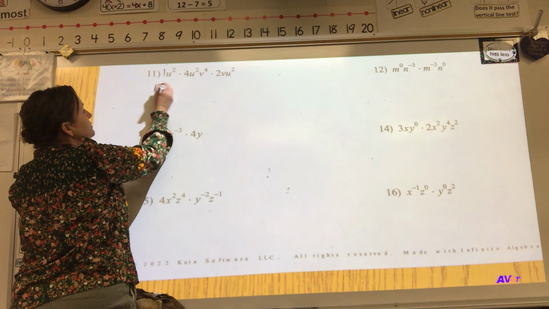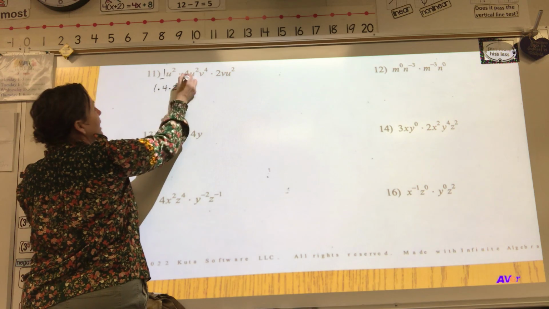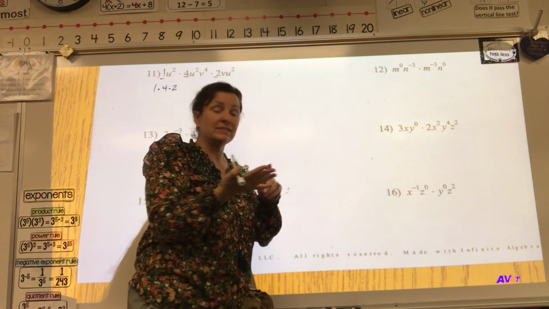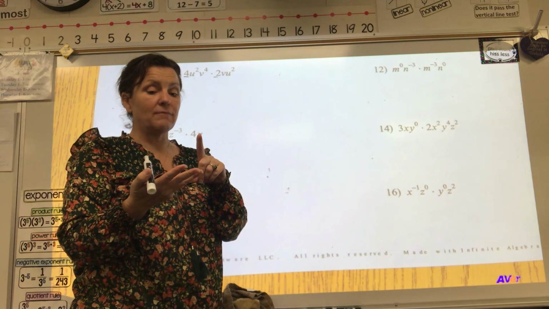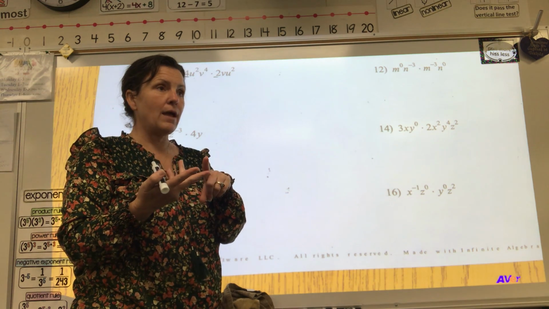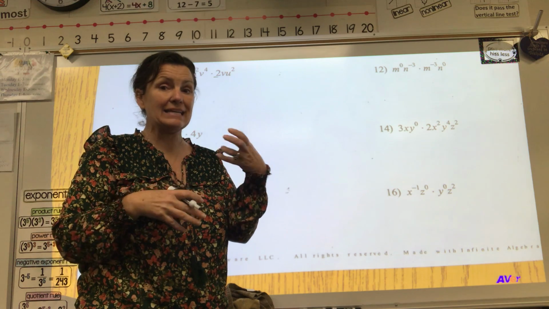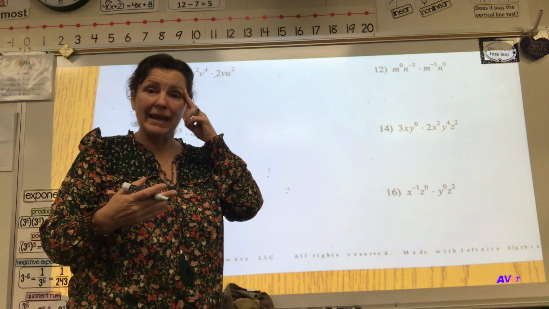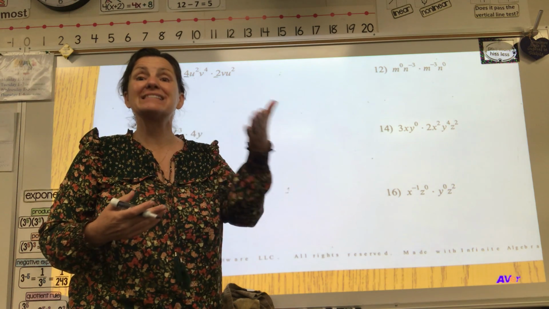So we have 1 times 4 times 2. I grabbed all the coefficients. Now U and V, if you have dyslexia, if you have dysgraphia, if you struggle with attentional issues like ADD or ADHD, you're going to have to be careful on this UV one because our brains might see them as very similar.